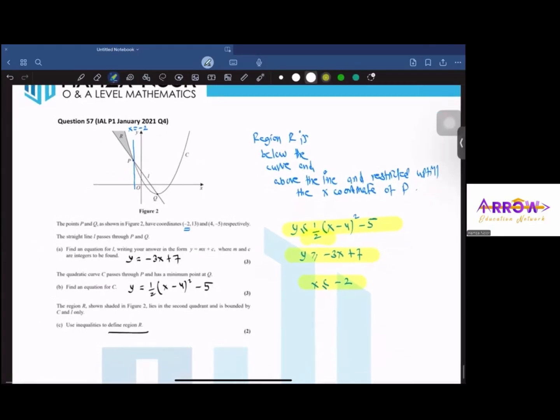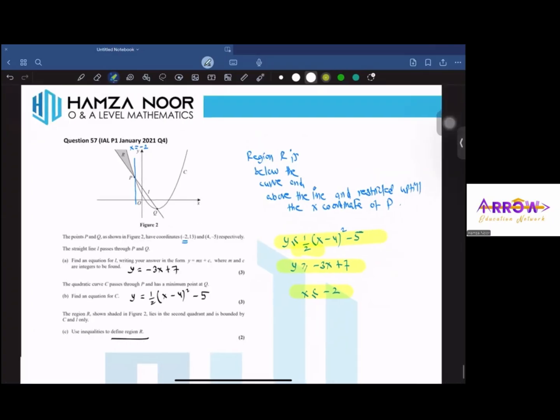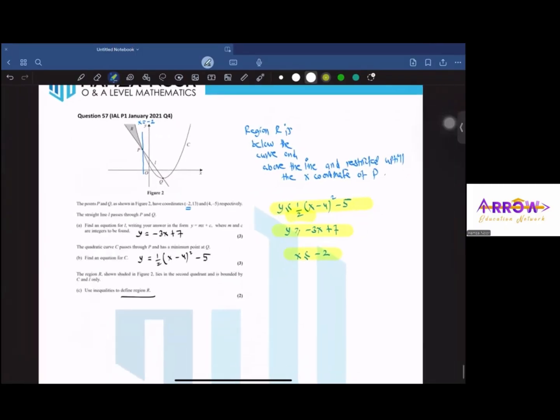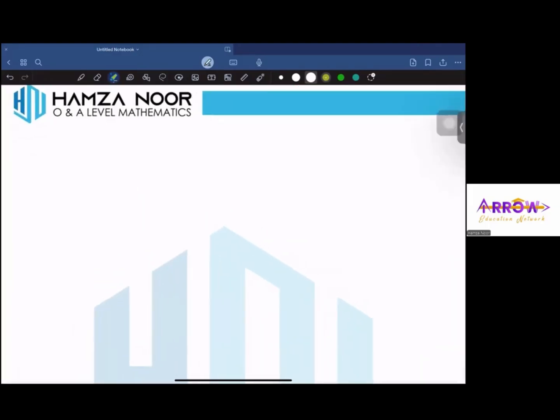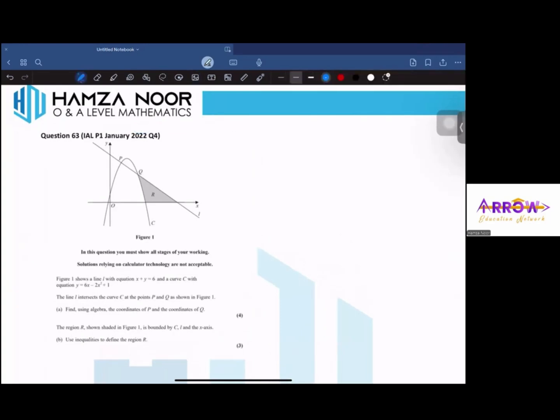All right. So this was question number 57 of the handout, which is January 2021, question number 4. All right. Then we have question number 63 of the handout, which is January 2022 P1, question number 4.